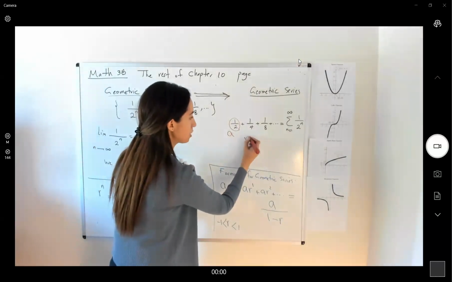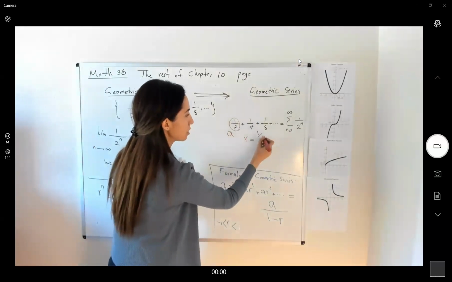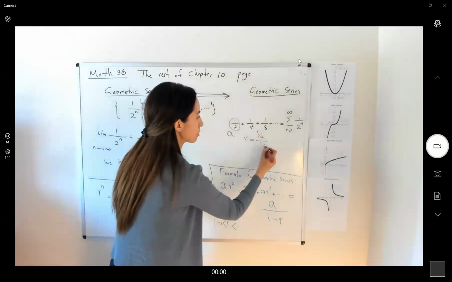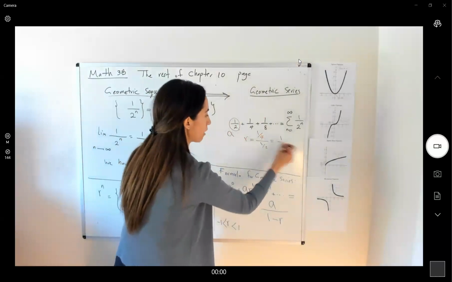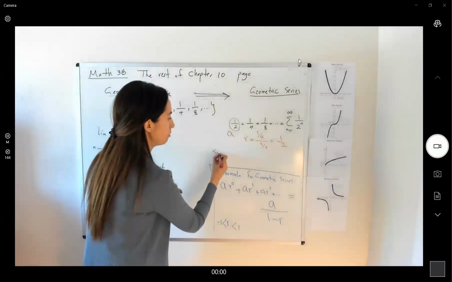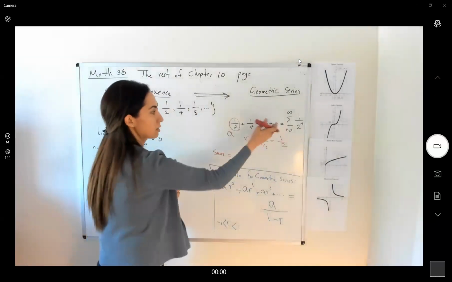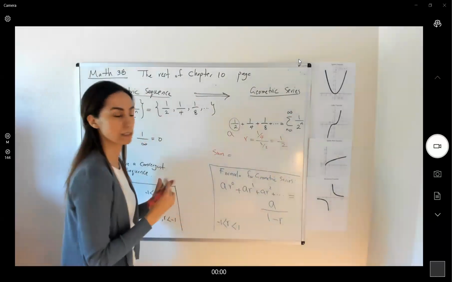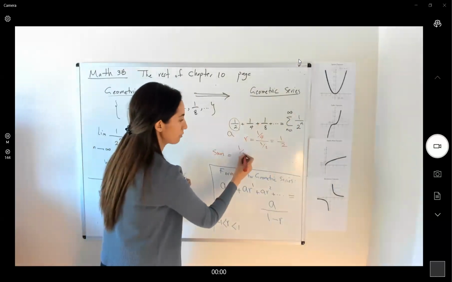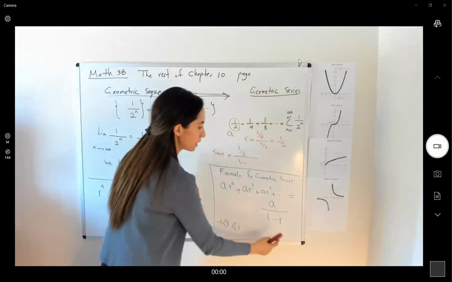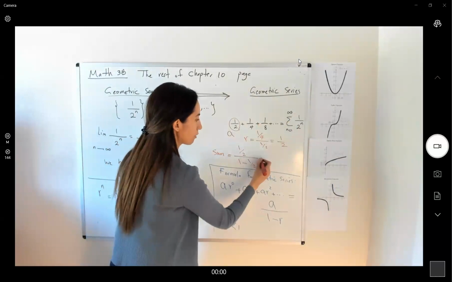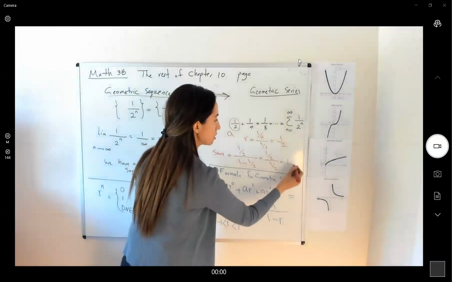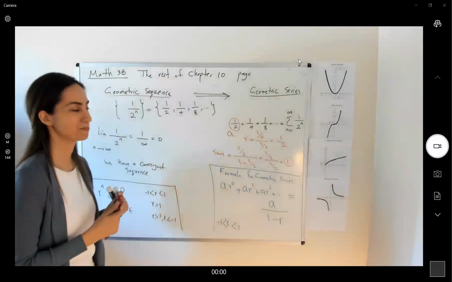What is r? r can be found using the division of the second term by the first term, which is a half. So the sum of this series is equal to a, which is a half, divided by 1 minus r, which is a half. You have a half divided by a half, which is equal to 1.